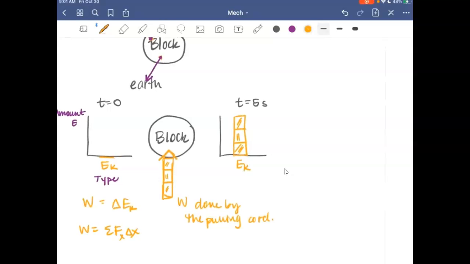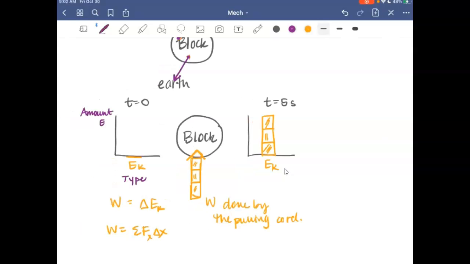If I were to write an equation for this, it would be that the work done by this force pull is equal to the kinetic energy, because everything that happens to the system is equal to the results at the end.